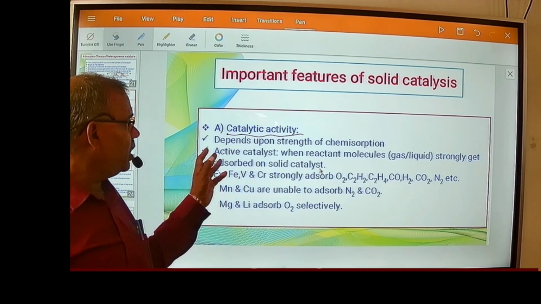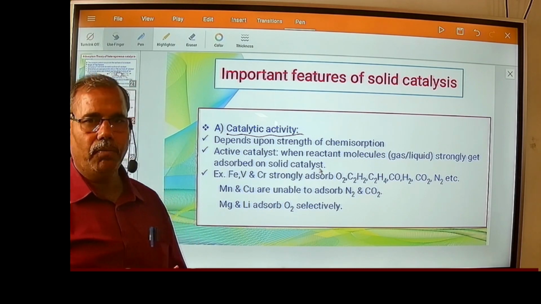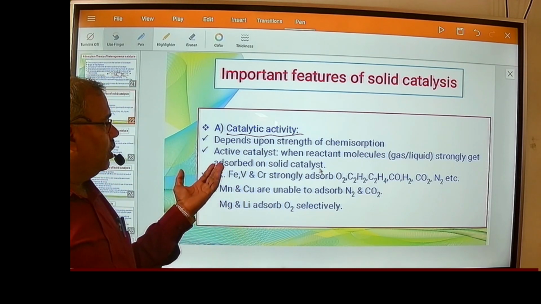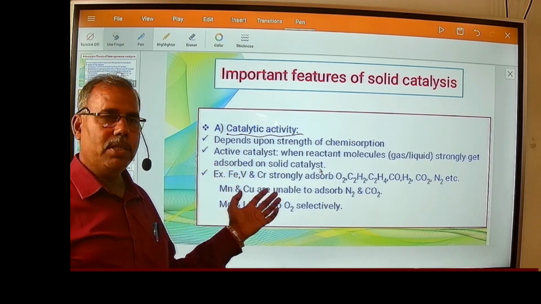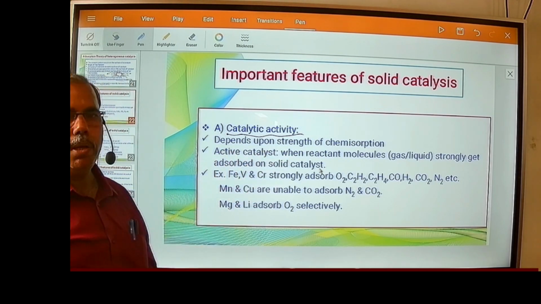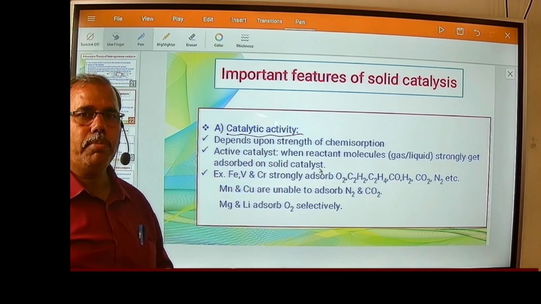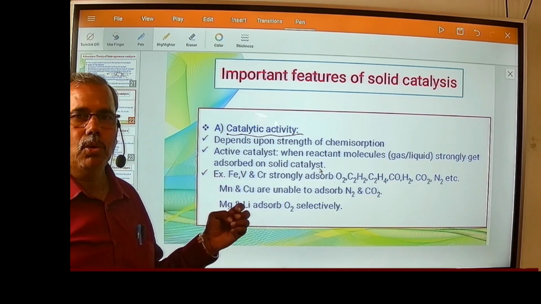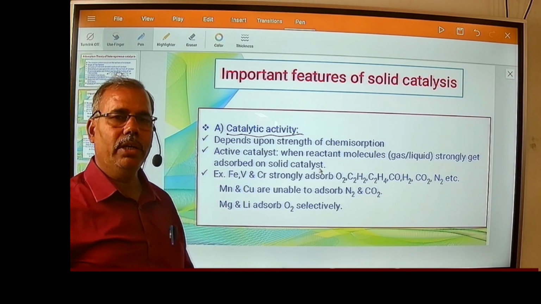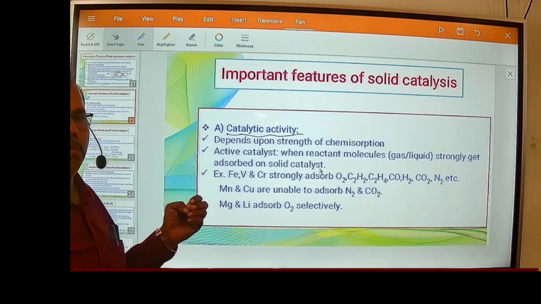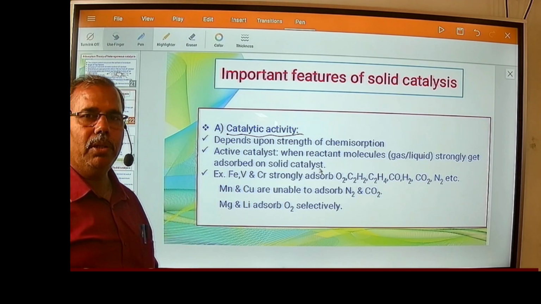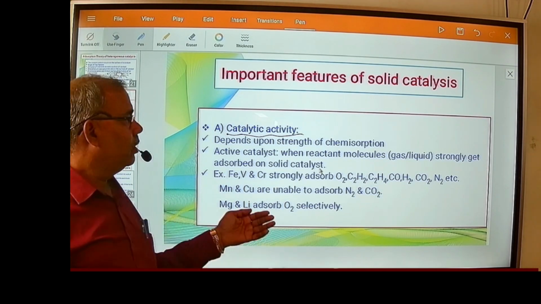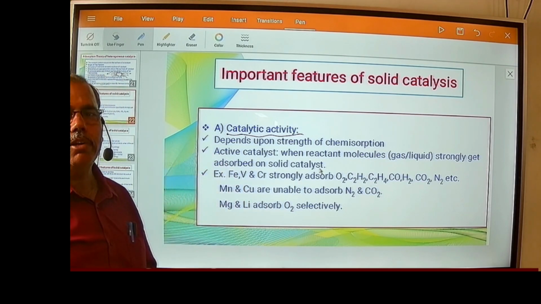So in case of the catalytic activity, this depends upon the strength of chemisorption. More the strength of chemisorption is there, more is the catalytic activity. So how strongly the chemical bonds are formed in between the adsorbent and adsorbate decides the catalytic activity of the catalyst.